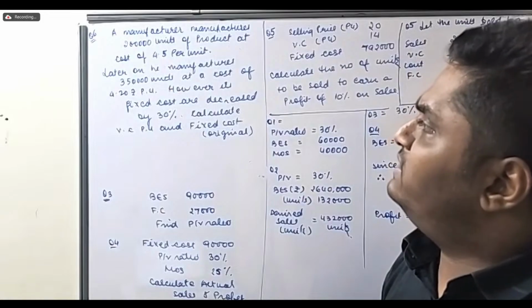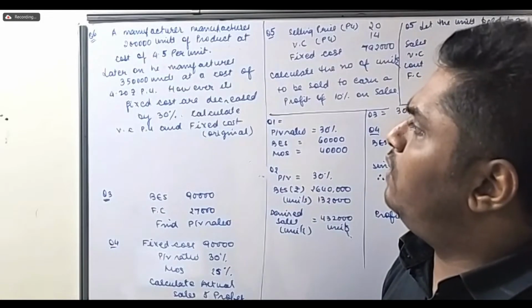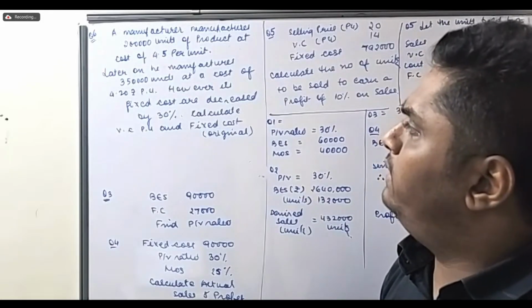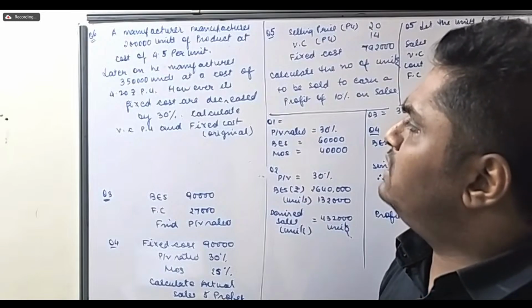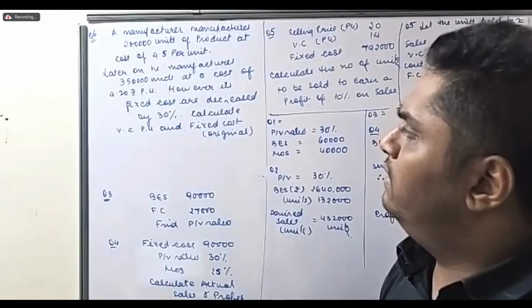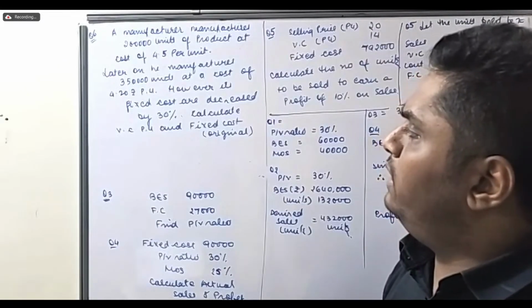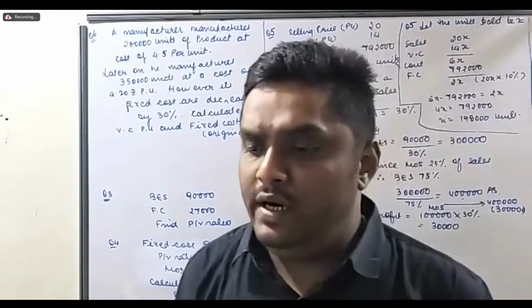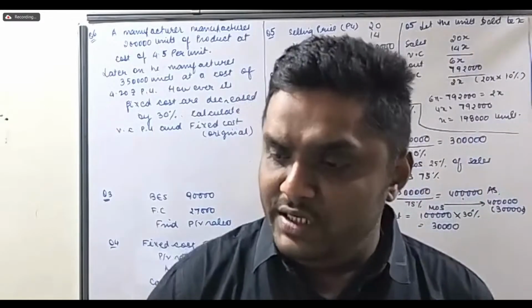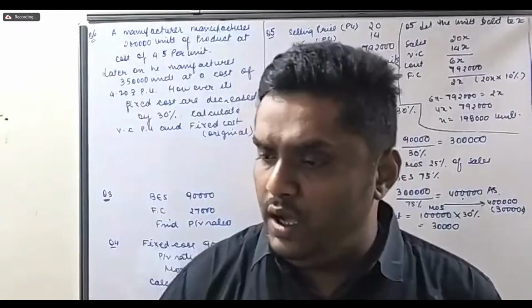Later on, he manufactures 3,50,000 units at a cost of 4.20 per unit. However, its fixed costs are decreased by 30%. Calculate the variable cost per unit and the fixed cost original, that is without reduction. So a good question, a simple mathematics. So waiting for your answers now.